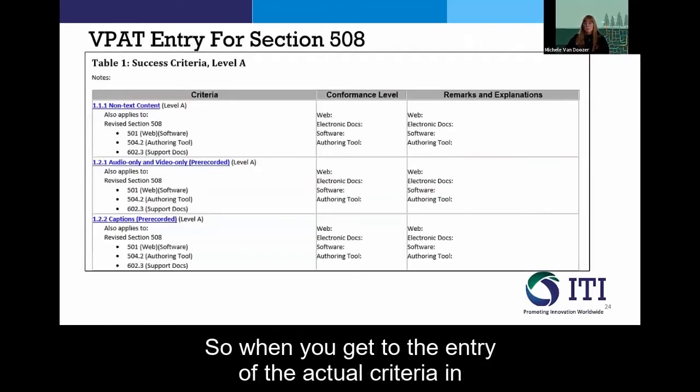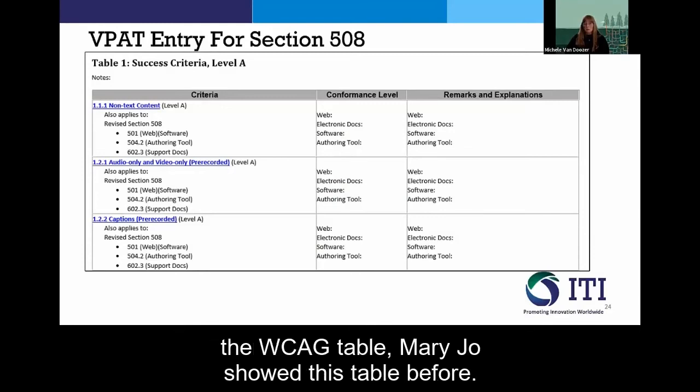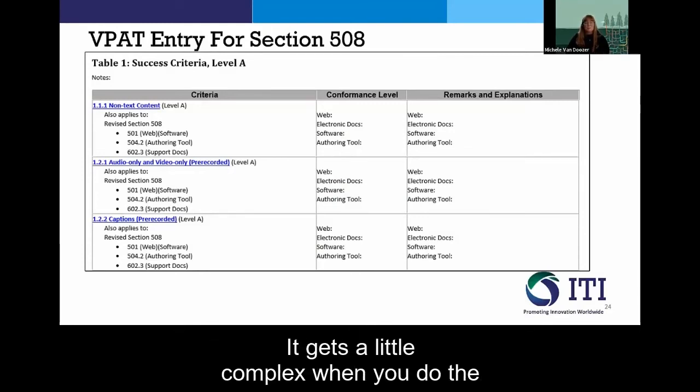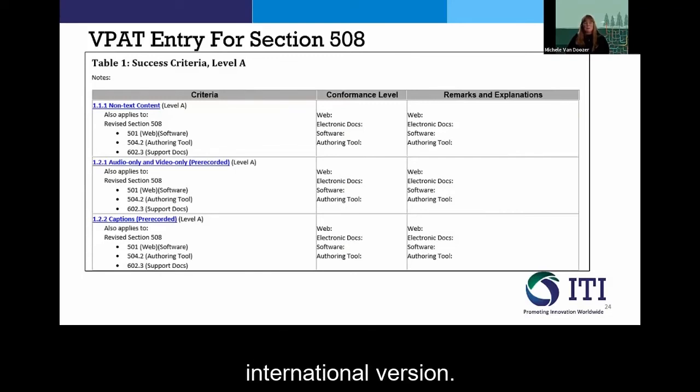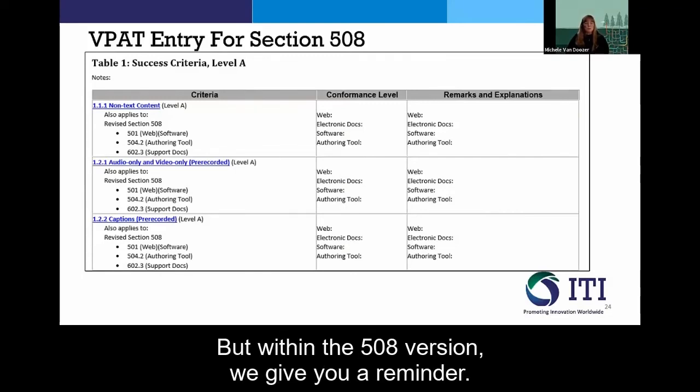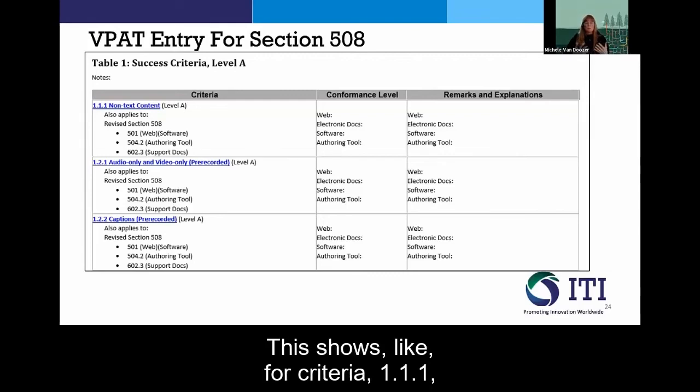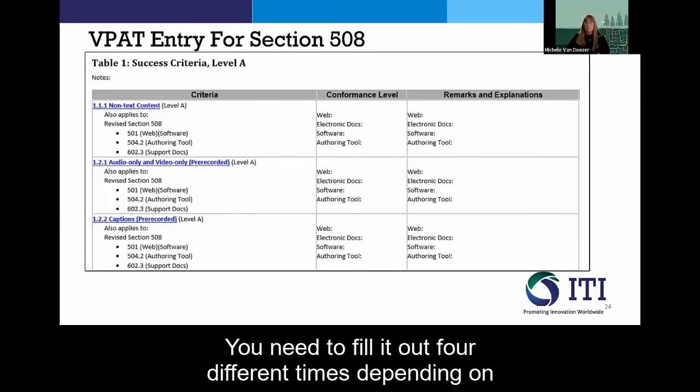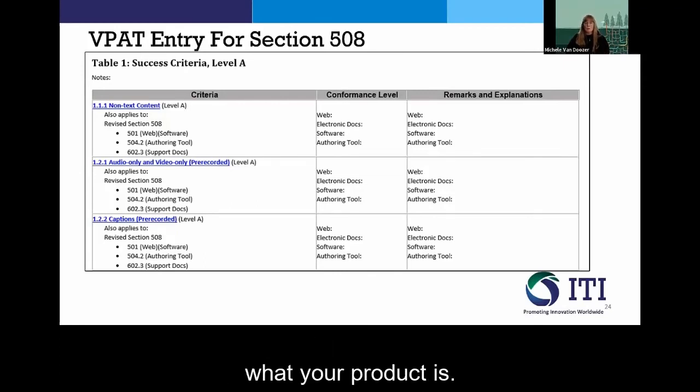So when you get to the entry of the actual criteria in the WCAG table, Mary Jo showed this table before. It gets a little complex when you do the international version, but within the 508 version, we give you a reminder. This shows, for criteria 1.1.1, non-text content, you need to fill it out 4 different times, depending on what your product is.